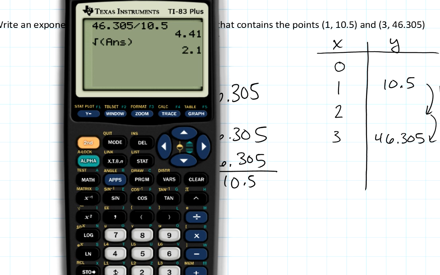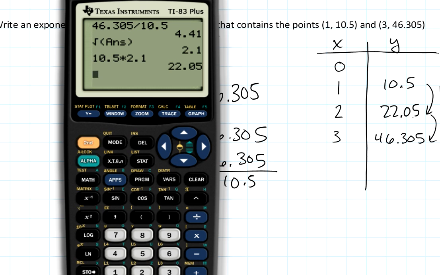For example, if I take 10.5 and multiply it times b, which is 2.1, I get that this value should be 22.05, which is a wonderful thing.